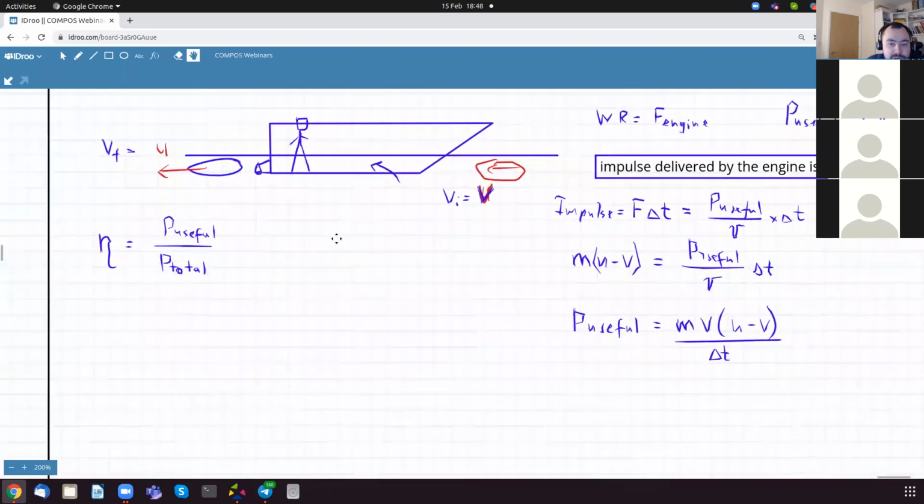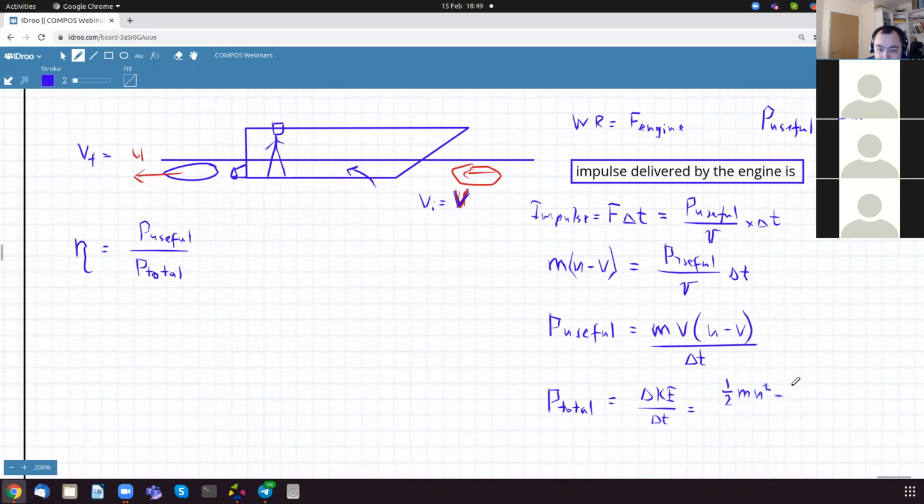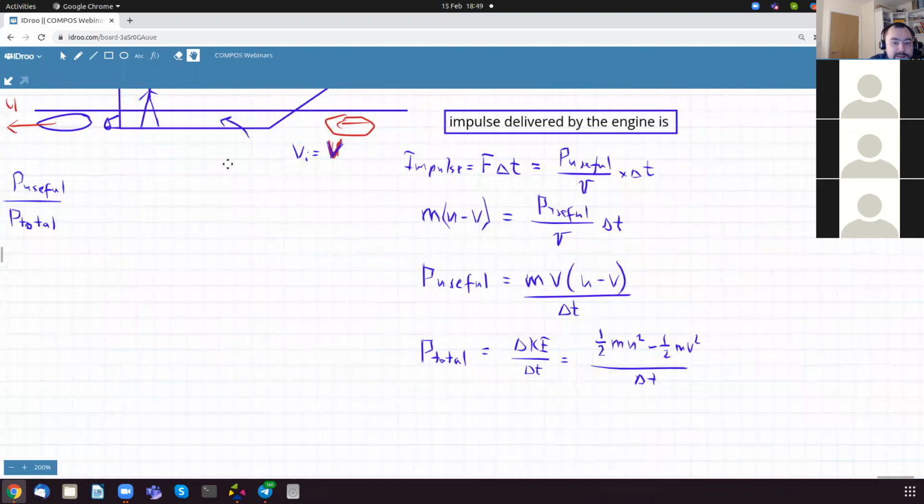So the useful power, the total power input, is the change in kinetic energy of the water over delta T, which is the change of kinetic energy of the water, 1/2 m u squared minus 1/2 m v squared, divided by delta T. And I hope you see where I'm going with this.